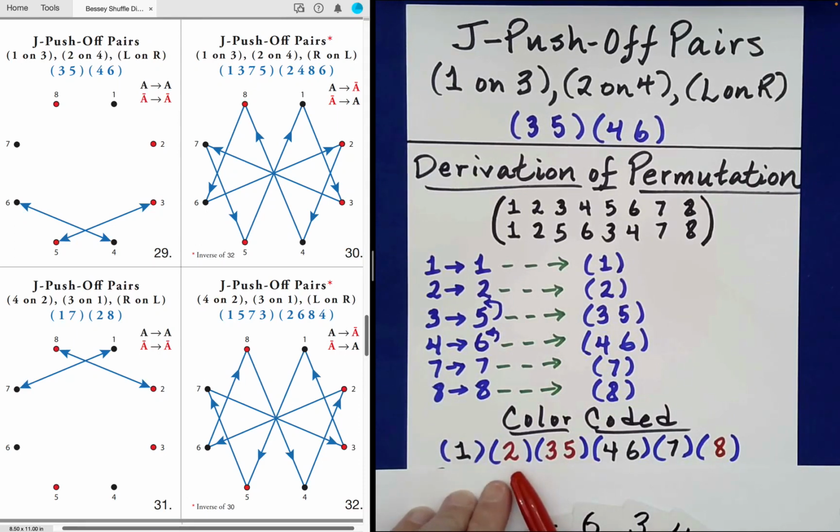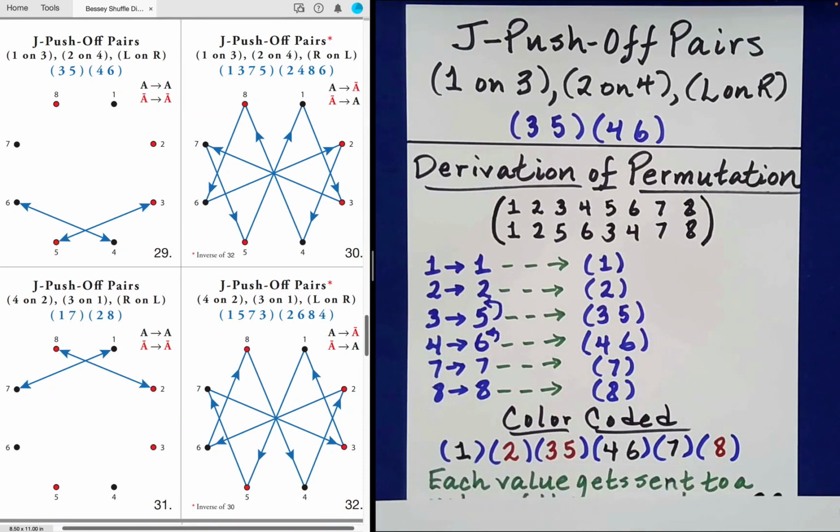Red 2 gets assigned to itself, red 3 goes to 5, and red 5 goes back to red 3. Black 4 goes to black 6, which goes back to black 4. Black 7 goes to itself, it's a fixed point, and red 8 also gets assigned to itself, which is a 4th fixed point.